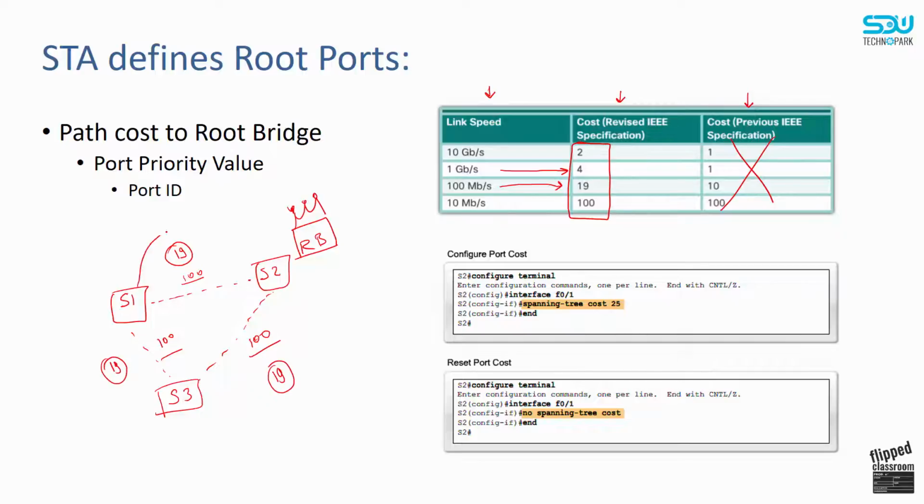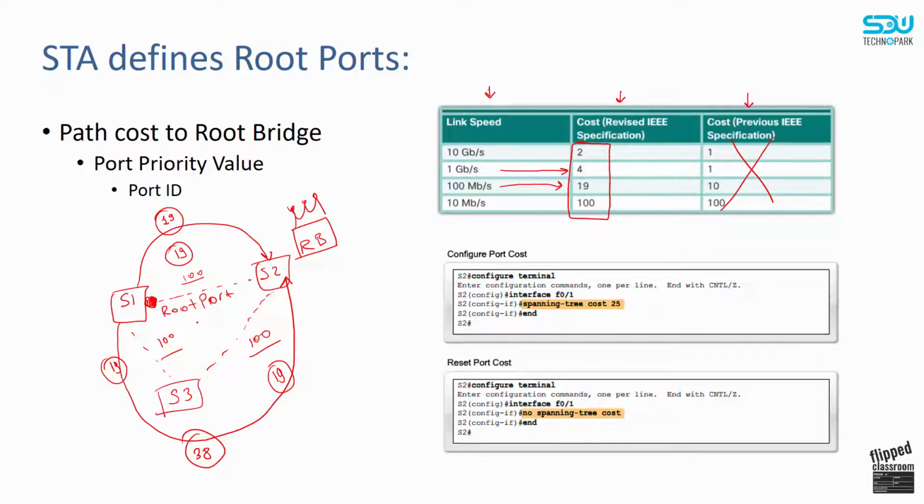So the path from switch 1 to switch 2 is only 19, and the path through S3 gives us 38. That is why switch 1 says this port is the root port, and it will not be blocked, because it is the best path to the root bridge.